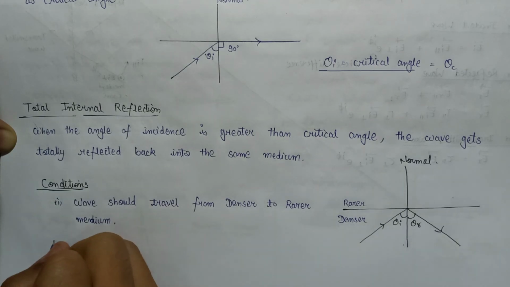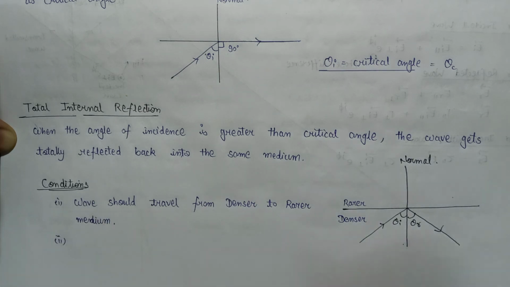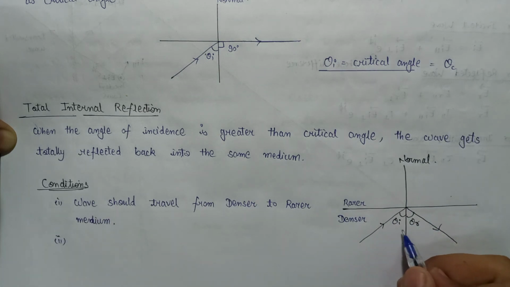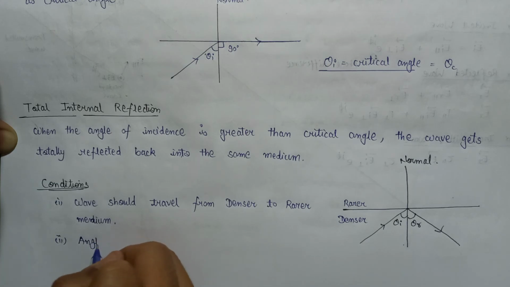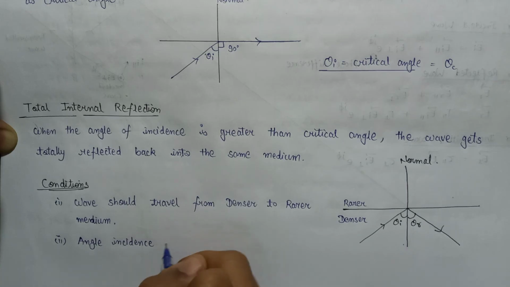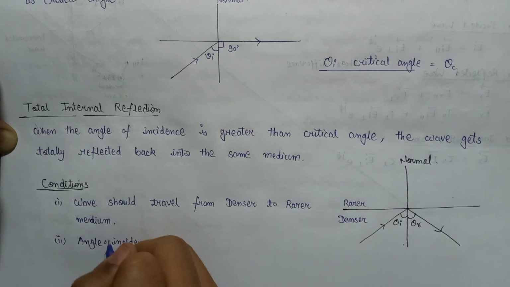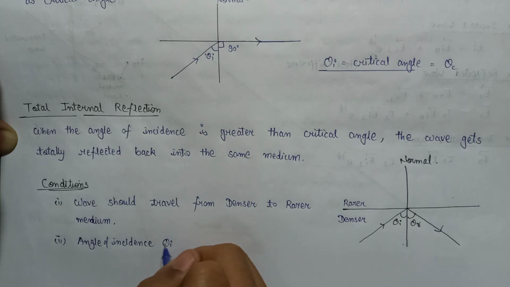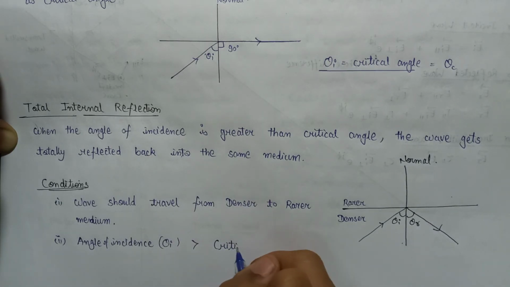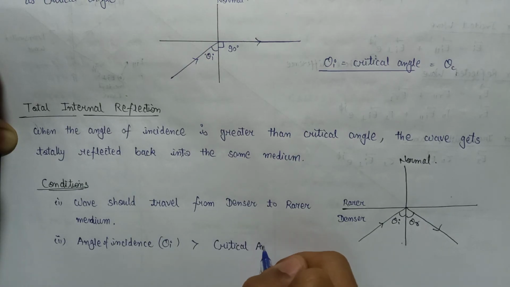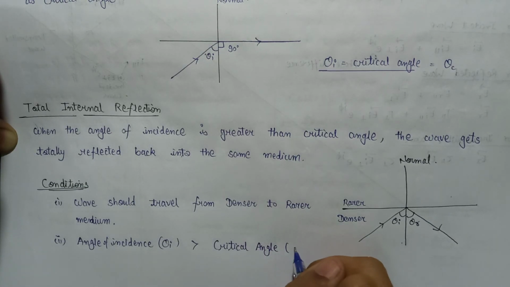The second condition says that the angle of incidence, that is theta I, should always be greater than the critical angle, represented by theta C, which we discussed earlier.